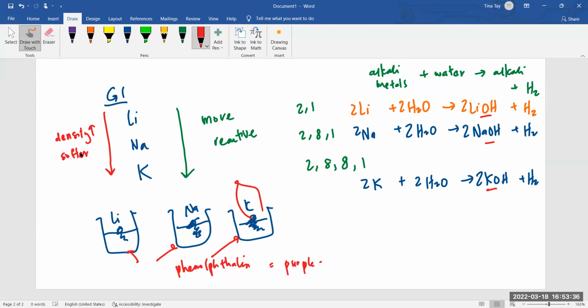And then the melting point and boiling point decrease. All right, so please write this down, and then I'm going to show you a video about what happens when we put them in water.